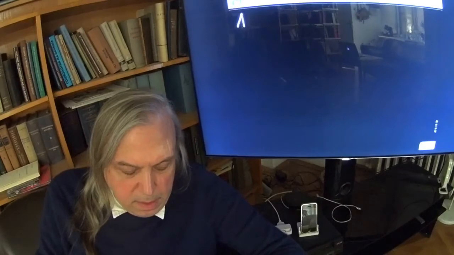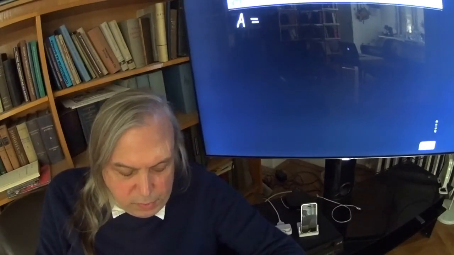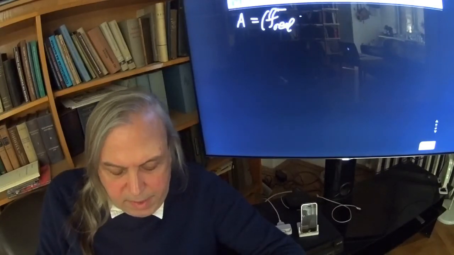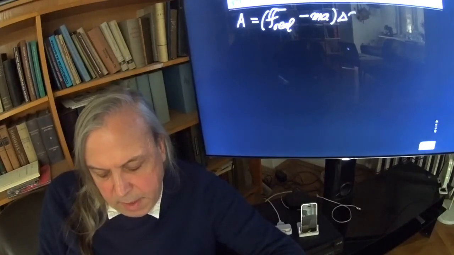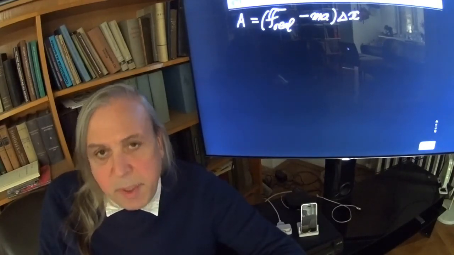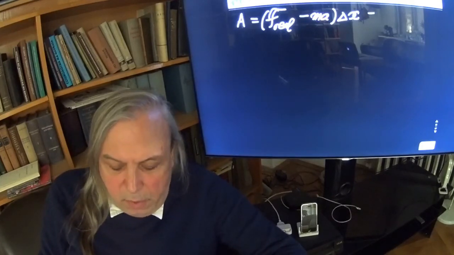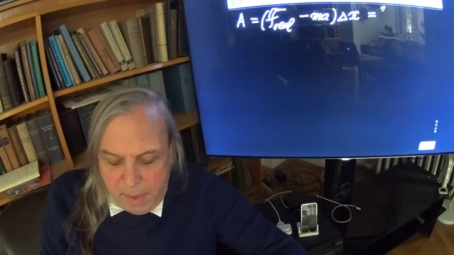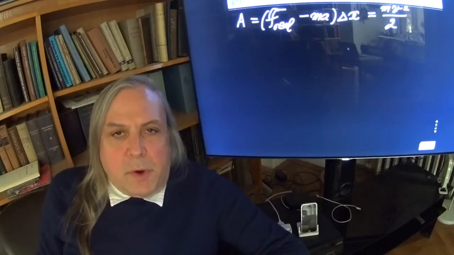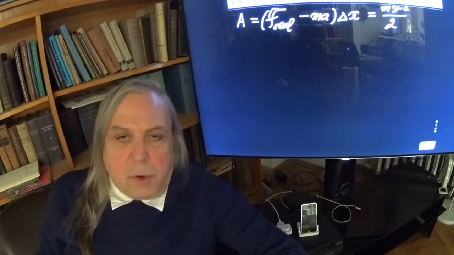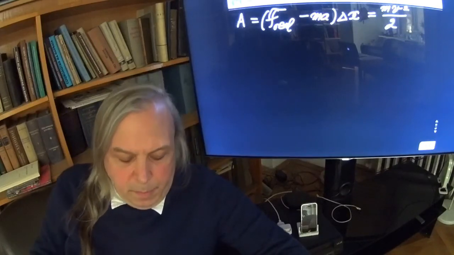Therefore, we must write work A, which is equal to F real minus m a, times delta x. This must be equal to the non-zero value of the kinetic energy, m v squared over 2, and not to 0, according to the principle of D'Alembert.